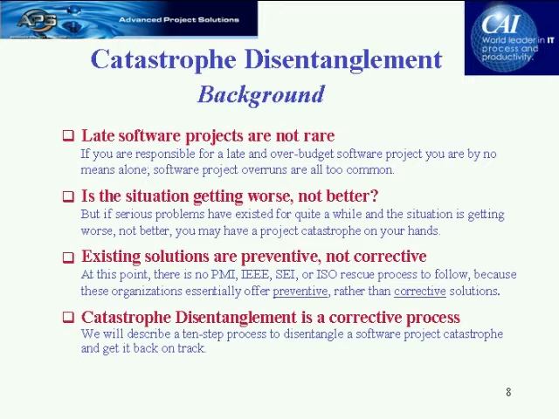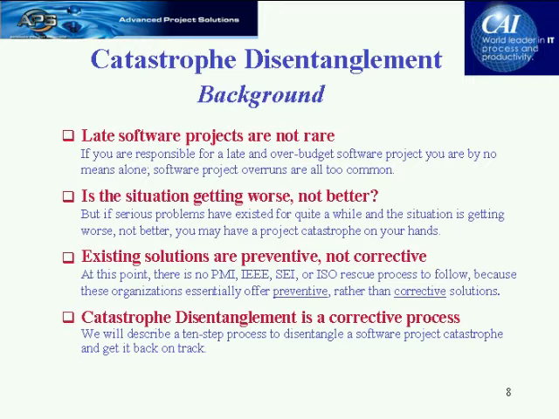Another question you have to ask is, you have to look at existing solutions. To be honest with you, there are no formal existing solutions for a project in trouble. The existing solutions that we're mostly aware of are preventive, not corrective.